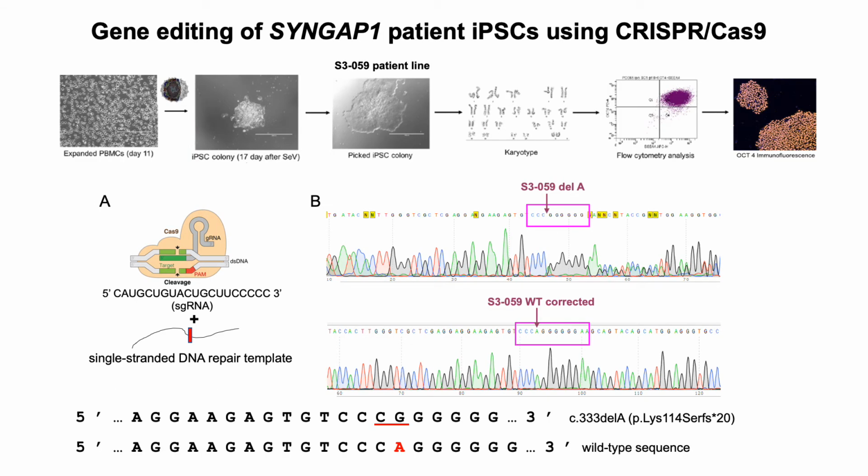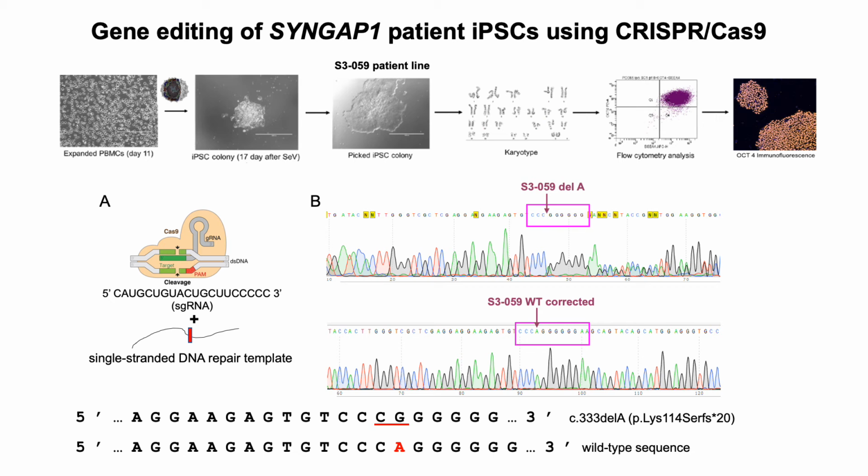Next, we aim to extend the same methodology from these engineered cell lines or the model to characterize the effect of SYNGAP1 loss of function in the patient-derived neurons. So we employed one of the patient lines.